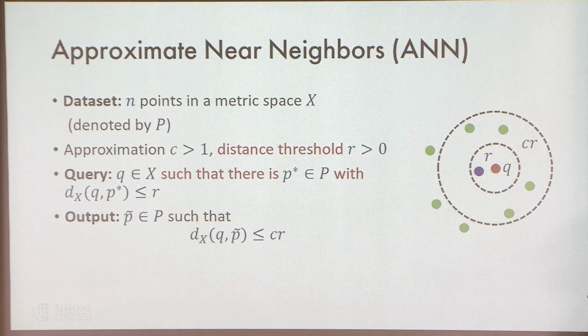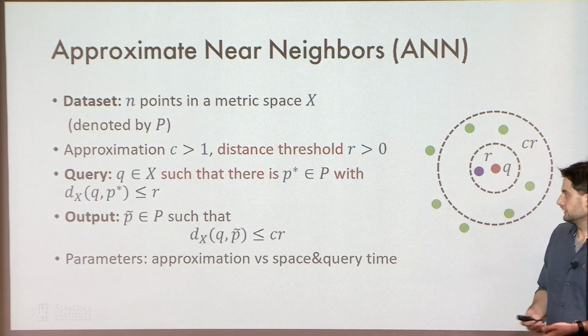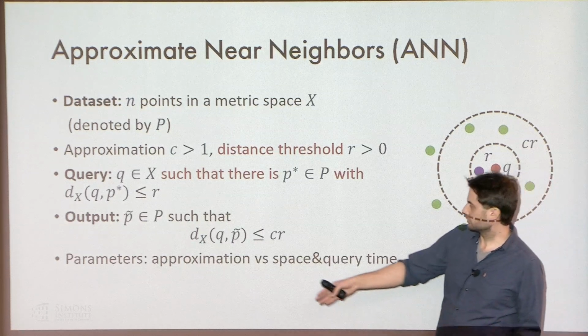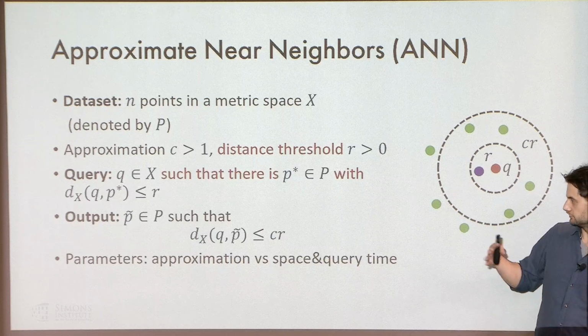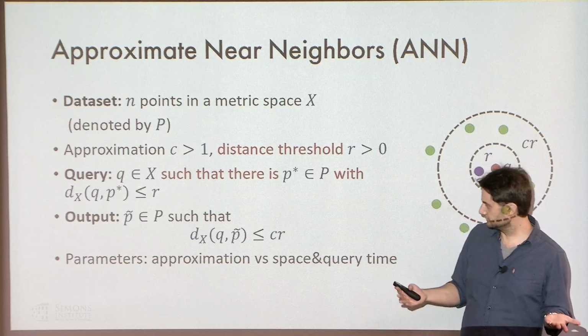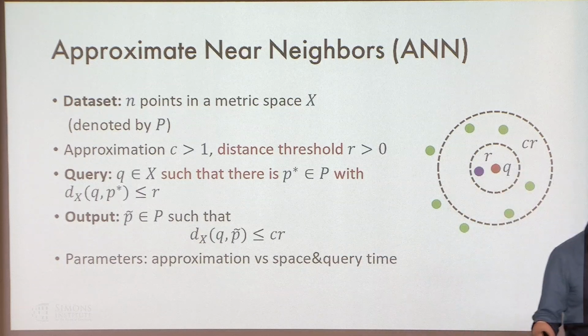The main parameters, or the usual trade-off, are approximation versus space versus query time. Usually the biggest tension is between approximation versus space and query time. At least this is the focus of today.